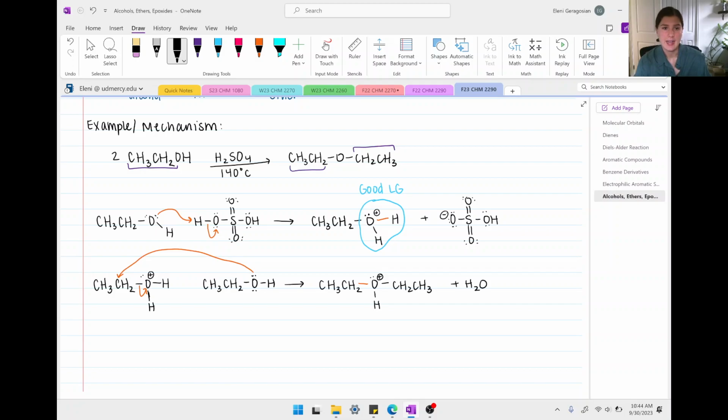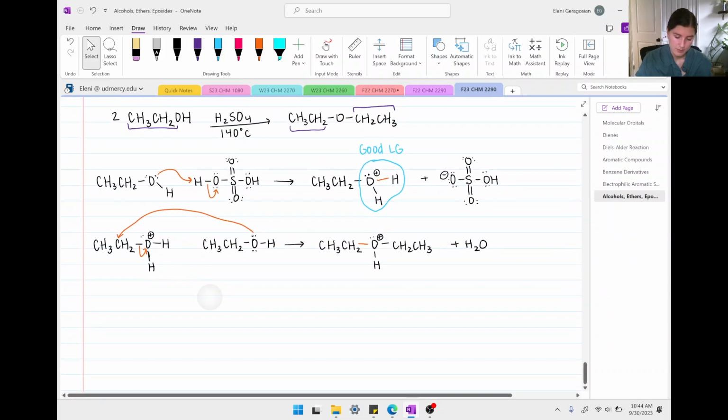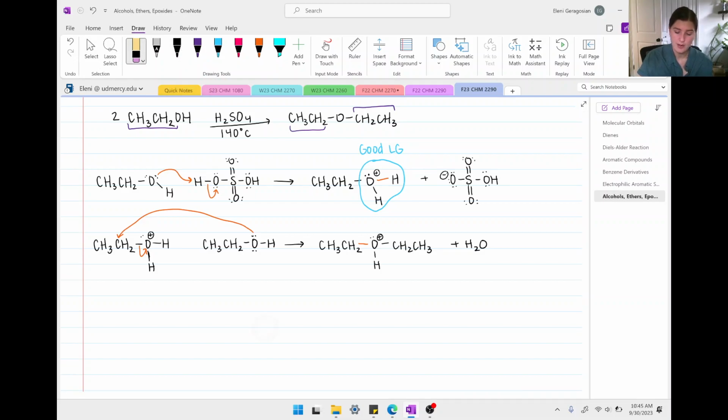If there is excess ethanol, here we said we need at least 2 ethanols to carry out this reaction. If we have excess ethanol, then we have protonated and deprotonated ether in equilibrium with protonated and deprotonated alcohol. So let's write this out.